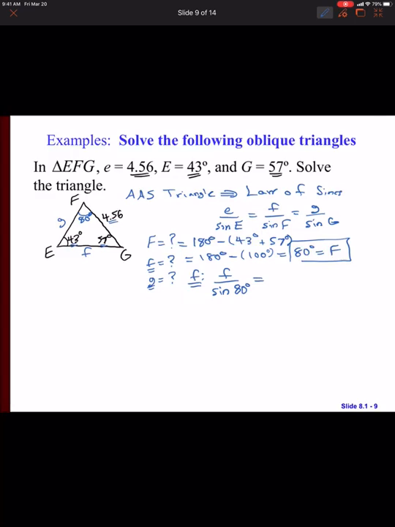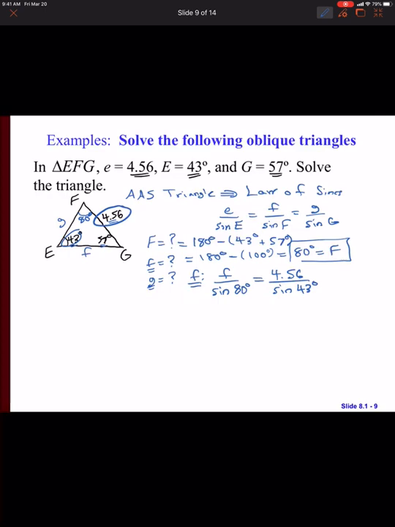Ratio of any other side and angle opposite. So with that said, what were we given to work with? We were given side e and angle E. Let's use that ratio. So e, which is 4.56 units in length, over the sine of angle E, which was given to be 43 degrees.